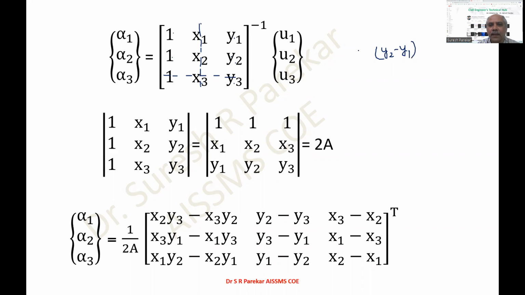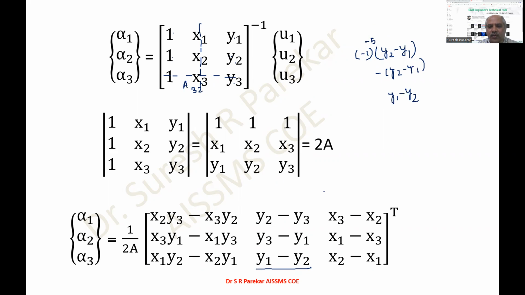And then we have minus 1 to the power 5. So minus of y2 minus y1. If I take the minus inside, we have y1 minus y2. You can check it, we have y1 minus y2, which will be my a32.